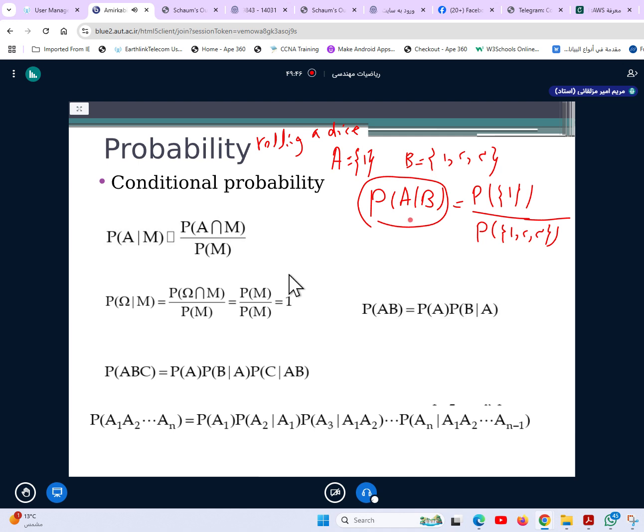So this formula is very important in statistical analysis. The probability of A given M is equal to the probability of the intersection of A and M divided by the probability of M.